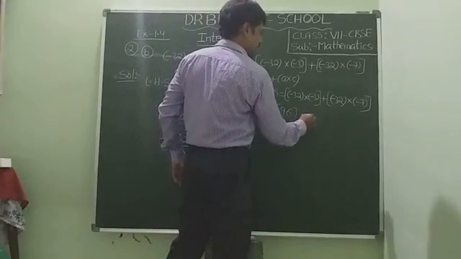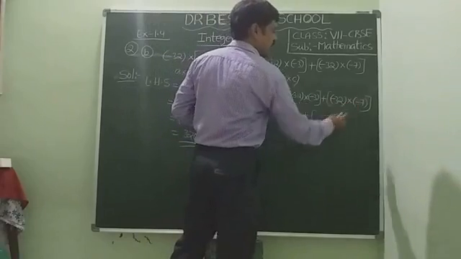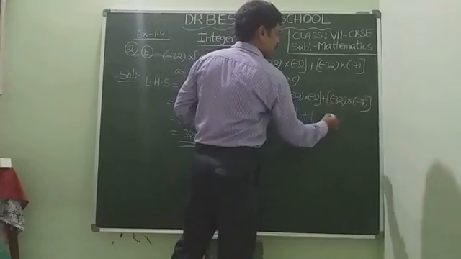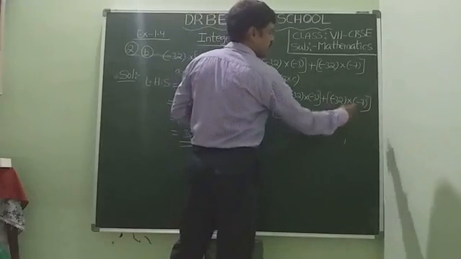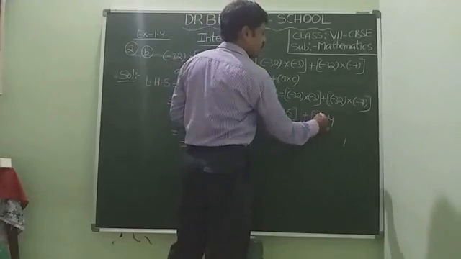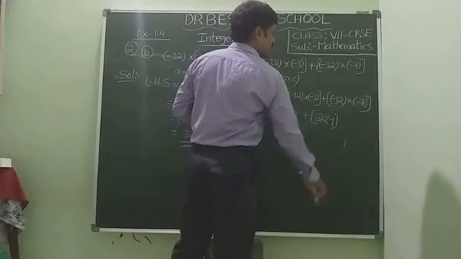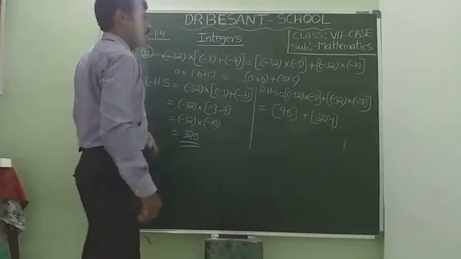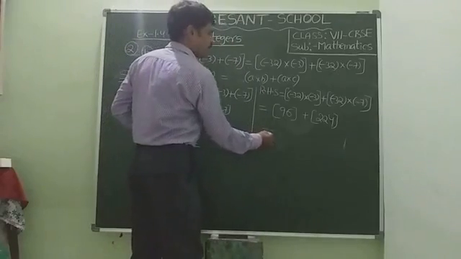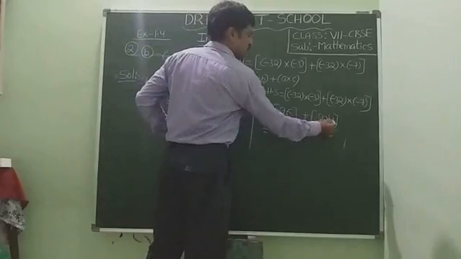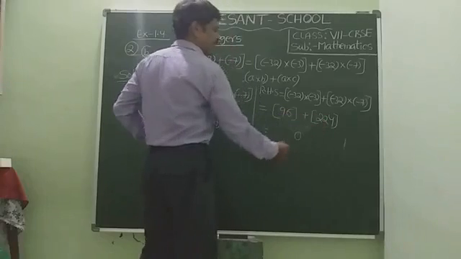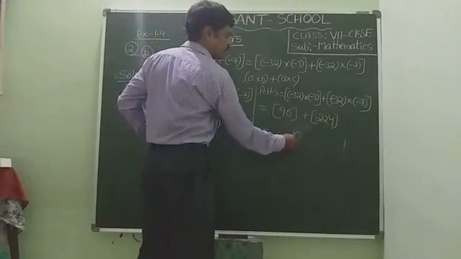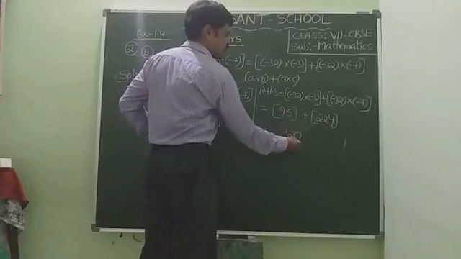Observe here, plus, minus into minus is plus, 7 twos are 14, 7 threes are 21, 21 plus 1 is 22, so 224. We have to add: 6 plus 4 is 10, 1 carry, 9 plus 2 is 11, 11 plus 1 is 12, 1 carry, 1 plus 2 is 3.